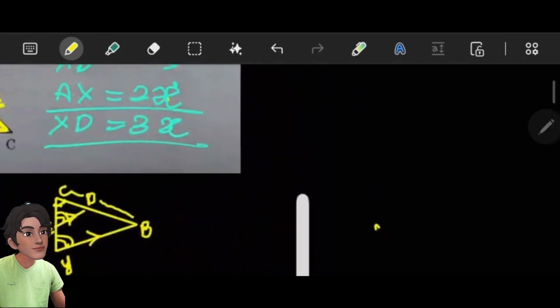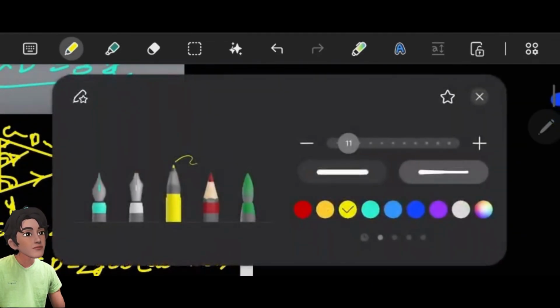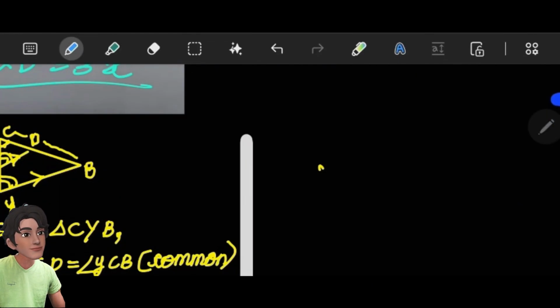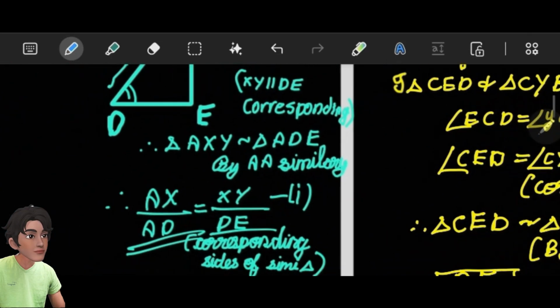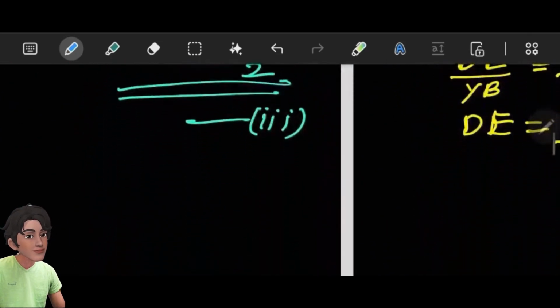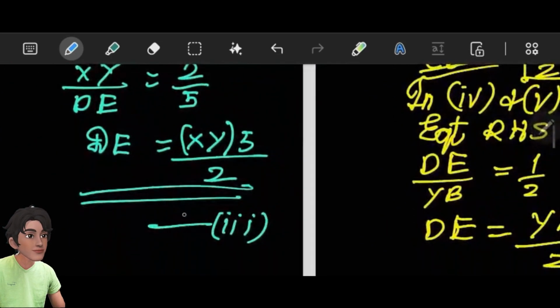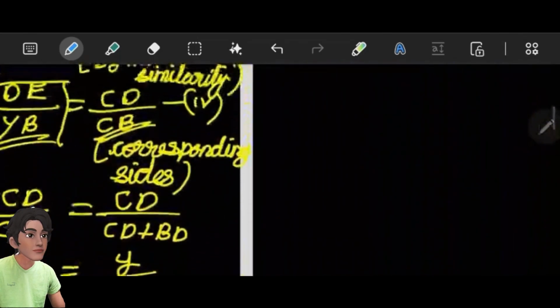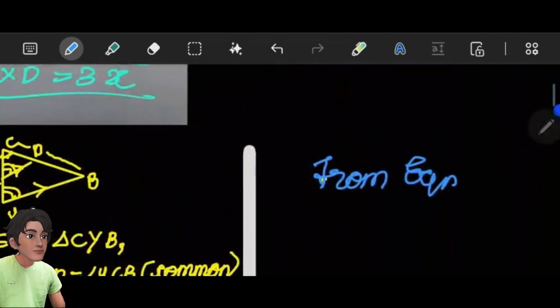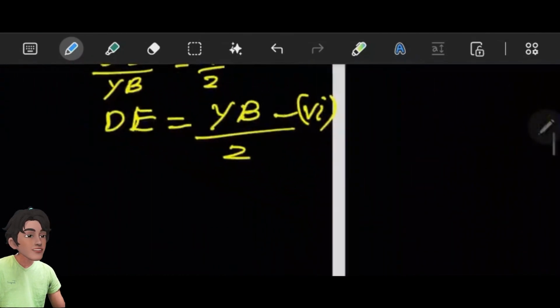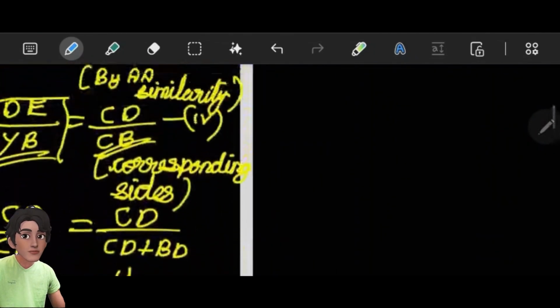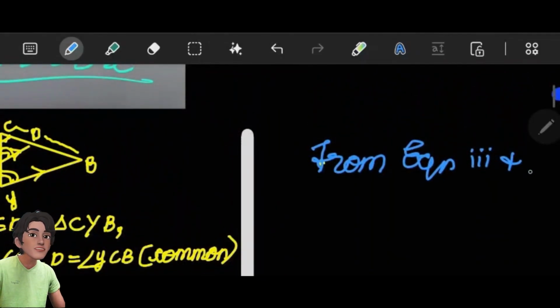From equation 3 right here, and equation 6, we can conclude that LHS are equal as both are DE. Therefore, we can simply equate the RHS to simplify the equation.